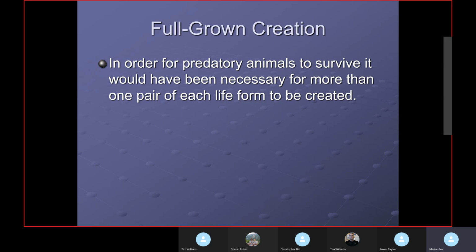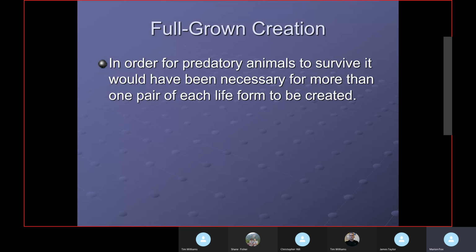So what we must have had is a number of various animals like deer and sheep and so forth. There weren't just one pair of them like there was with humans. There were many pairs set forth and created at that time. Had to be in order for this to work.